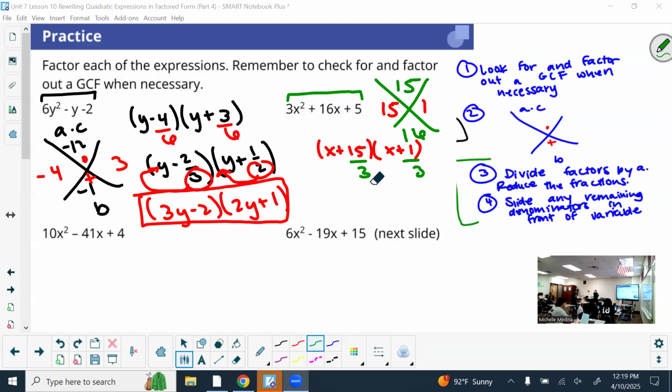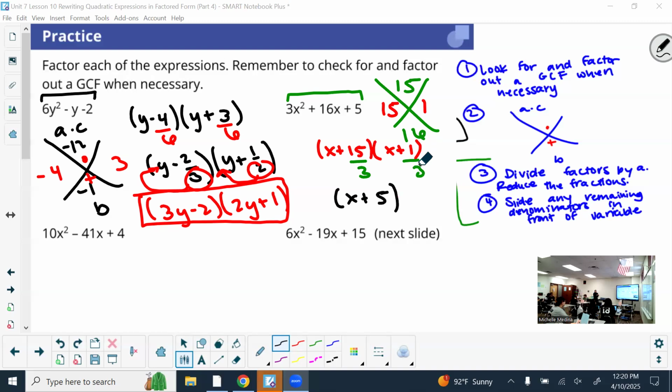Class, what's 15 divided by 3? 5. And over here, is 1/3 reduced as much as it could be, or can I reduce it more? It's already reduced.